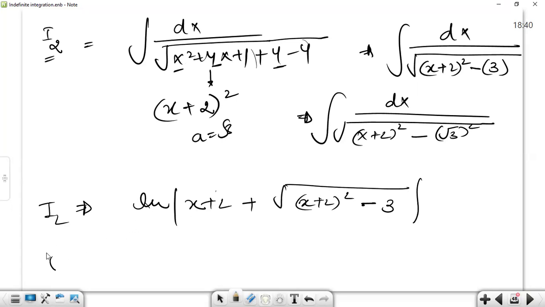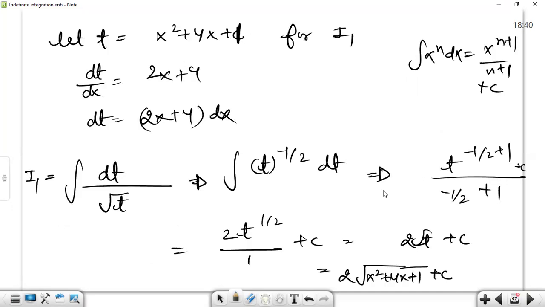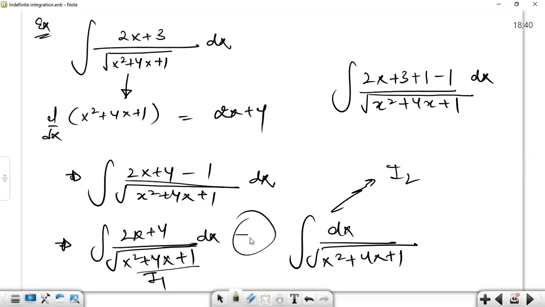So integration 1 plus integration 2, the capital I will be I1 plus I2. So I1 was 2 square root of x square plus 4x plus 1, and going back, integration 2, and there is a negative sign here.